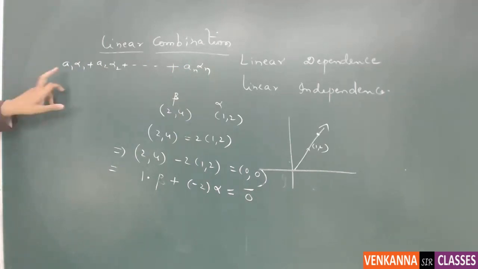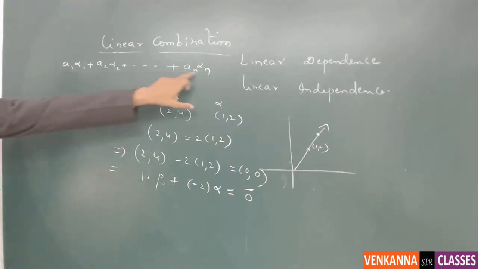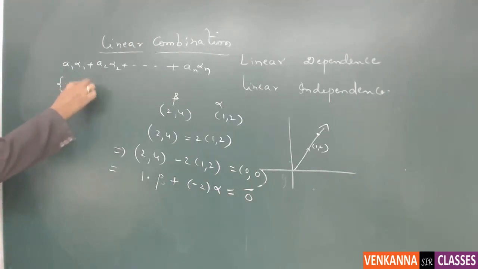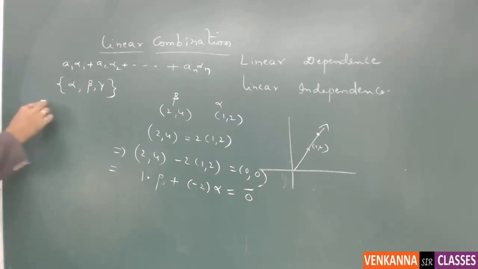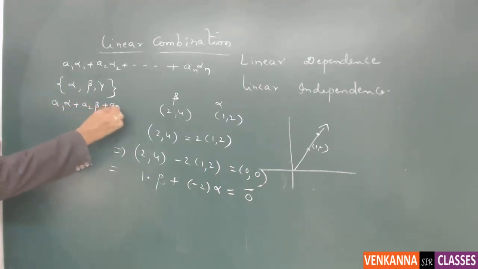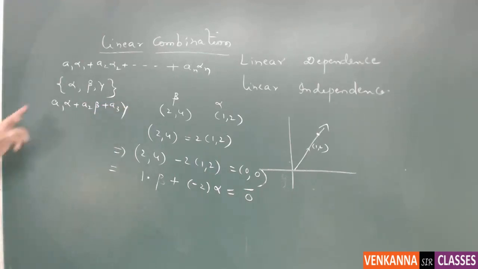Whenever you multiply a vector with a number and take those sums, it is called linear combination. If I have simply taken a set alpha, beta, gamma, the linear combination is nothing but a1 alpha plus a2 beta plus a3 gamma, where a1, a2, a3 are nothing but any numbers you can take in the field.